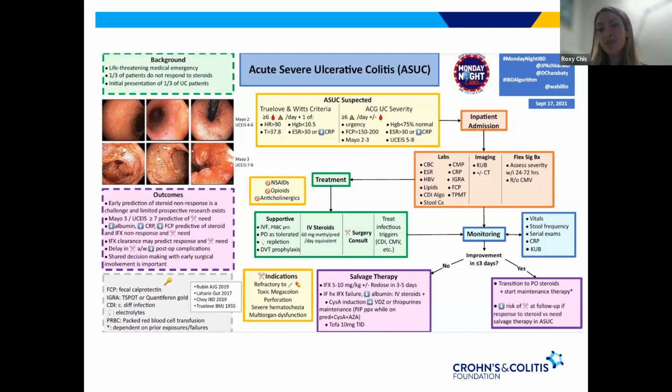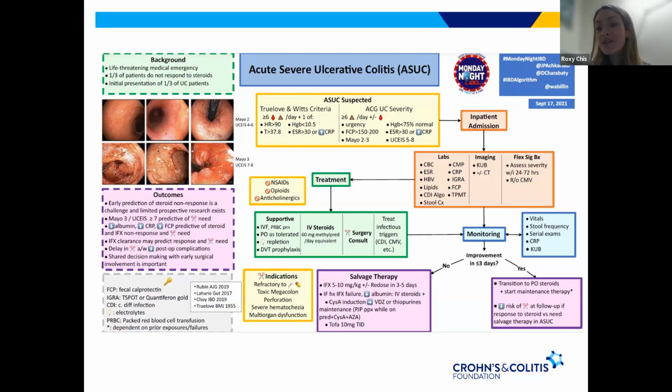We care about the CRP coming down, and hemoglobin ideally going up. But we want to see the inflammatory burden come down within 3 days. And if that's not the case, then these patients might actually need to go to surgery. So it's helpful to have the surgeons aware before actually needing to go to the OR.